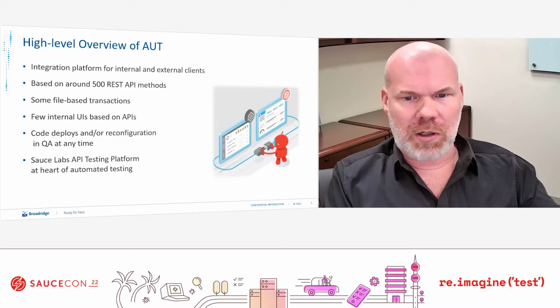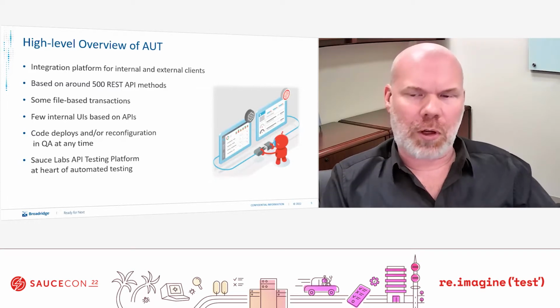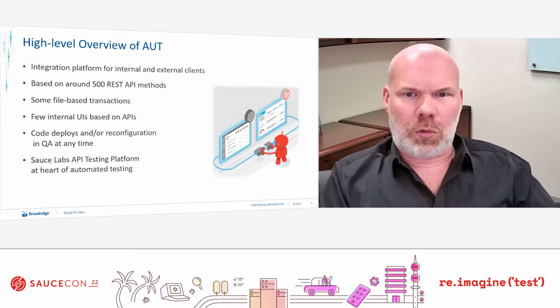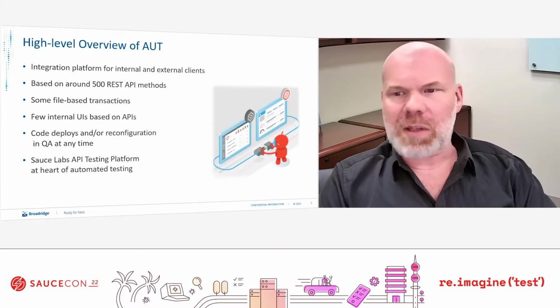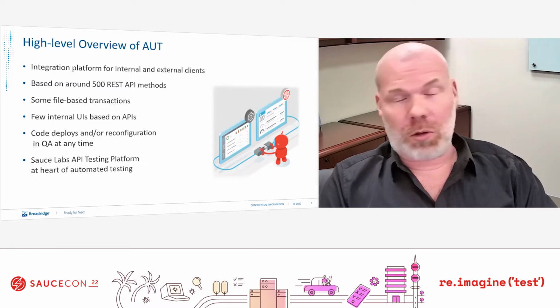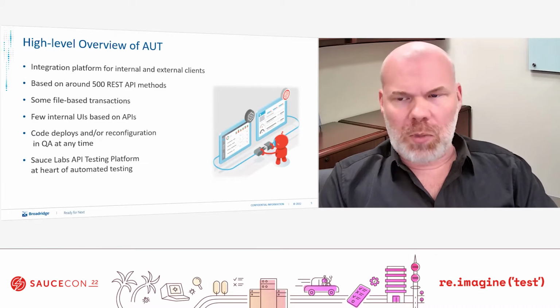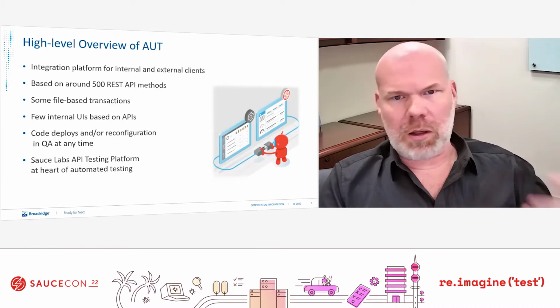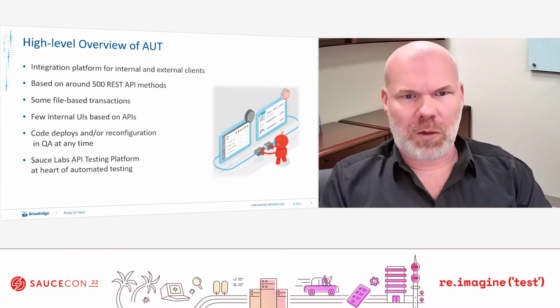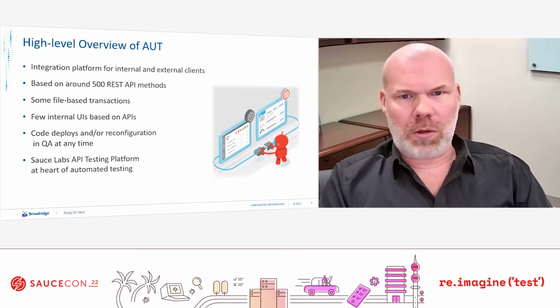Broadridge is a large company with a lot of different products and functionality that we offer out to the industry. This is a platform where we take data in using REST APIs. There are around 500 and growing different API methods. So it is a large suite of testing that we end up having to create and manage, all around REST APIs being the bread and butter.